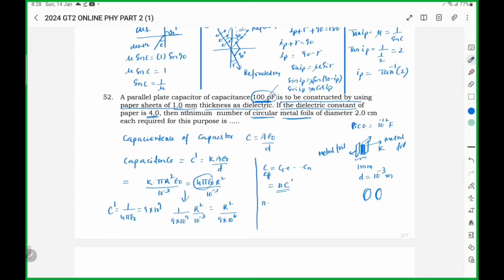So here C dash will be R square by 9 into 10 power 6. Here the diameter is 2 centimeter, radius will be 1 centimeter, which is 10 power minus 2 meters. That is n into 10 power minus 4, 10 power minus 6. So here n into 10 power minus 10 by 9.